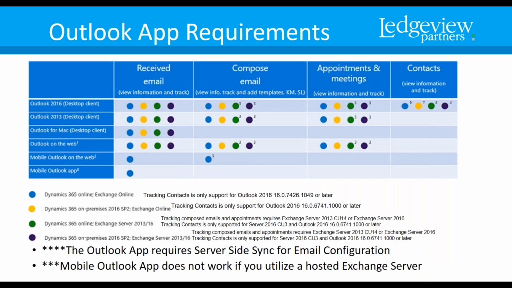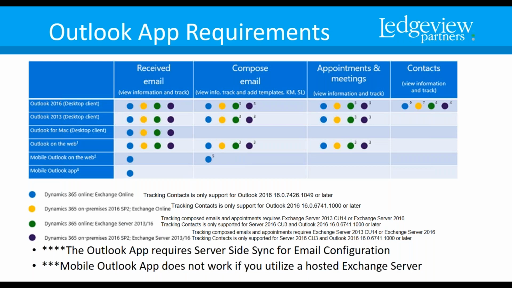So there are some requirements. So if you're on Dynamics 365 online, if you're Exchange Online, really the main area that you need to pay attention to is for contacts. Tracking contacts is only supported if you're on that specific version of Outlook 2016 or later.